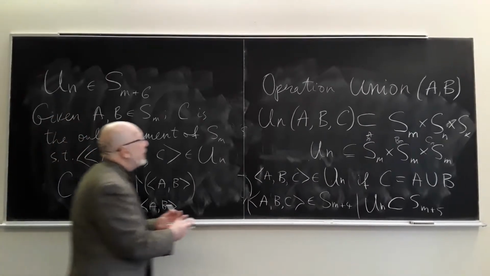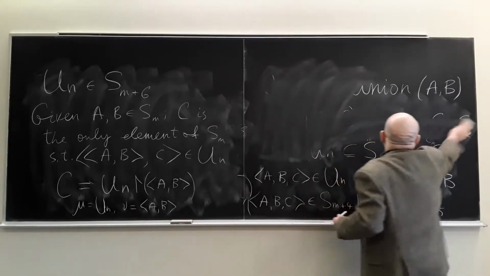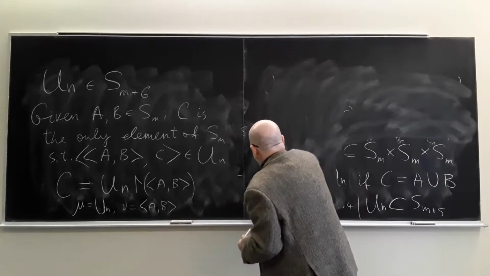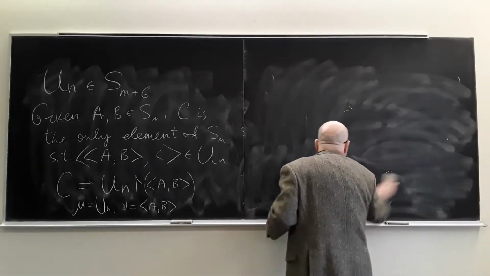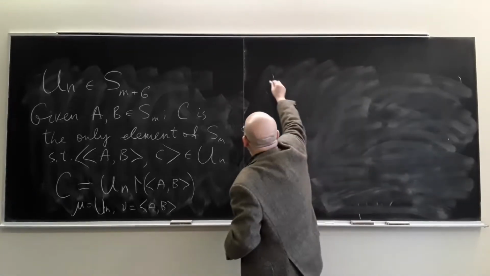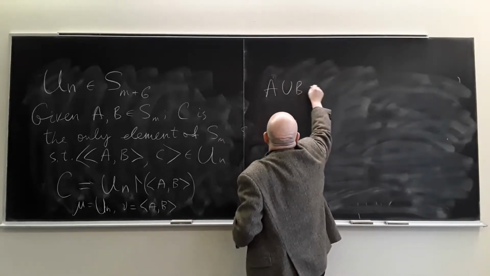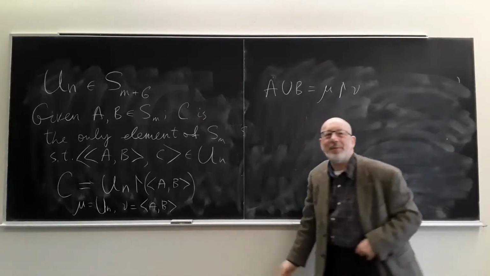And then we write that A union with B equals mu restricted on u.